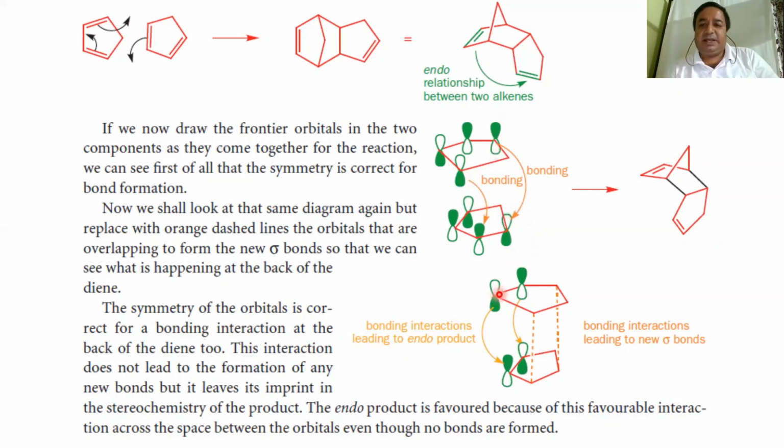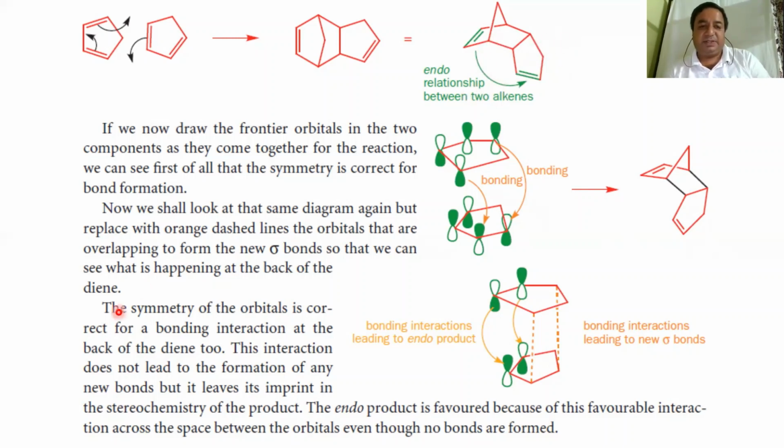And if you look at the back orbitals, they also have these orange arrows, showing that there is a stabilization factor. They are not forming any bond, but there is a stabilization factor. Because of this stabilization factor, this particular product will be formed more at room temperature, and the endo product will be the major product at room temperature.